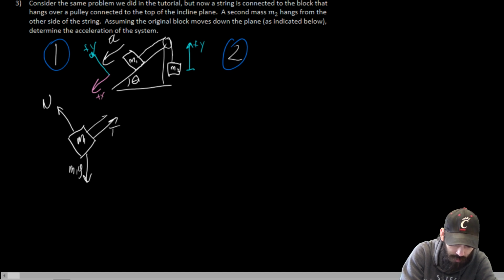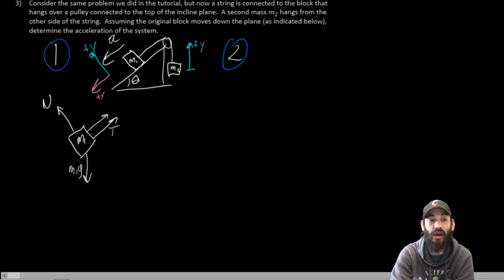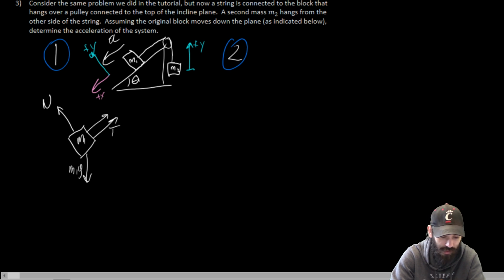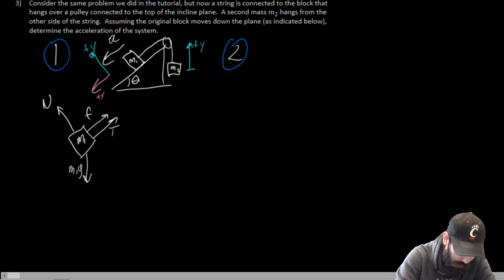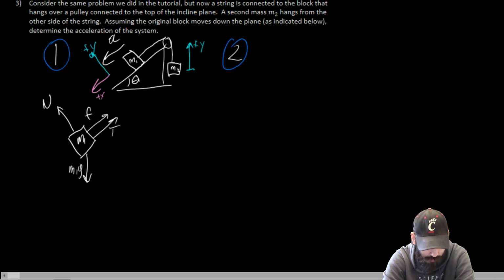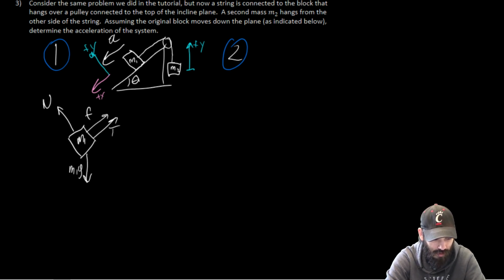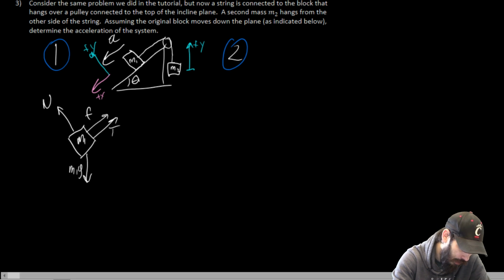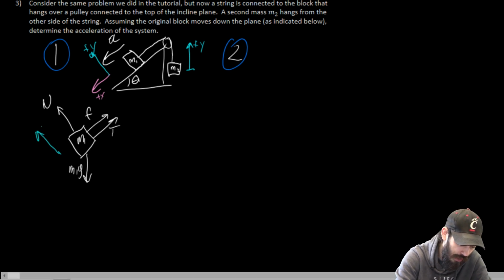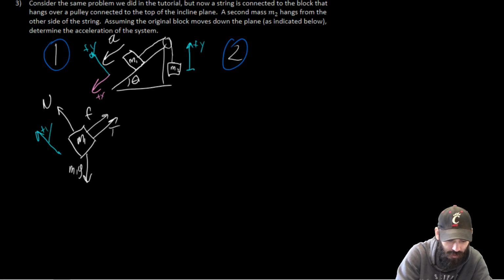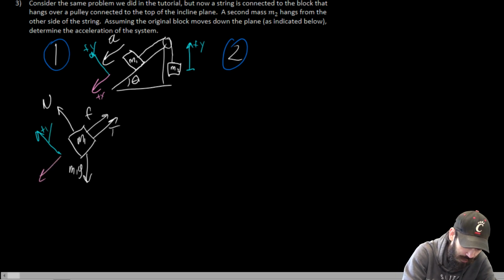And then because it's going to be tending to slide down the plane, it's also going to have a force of friction. I'm just going to call it F for right now. It's going to be this way. And just to put our coordinate system right next to our free body diagram, here's our plus y direction, and then here is our plus x direction.